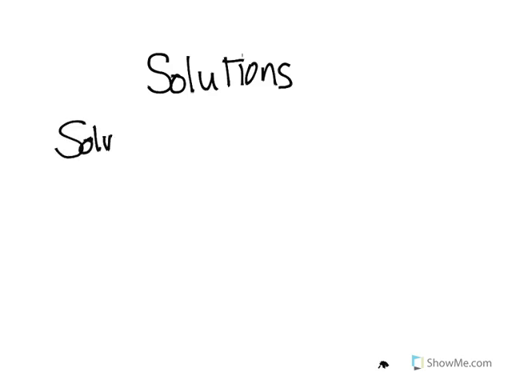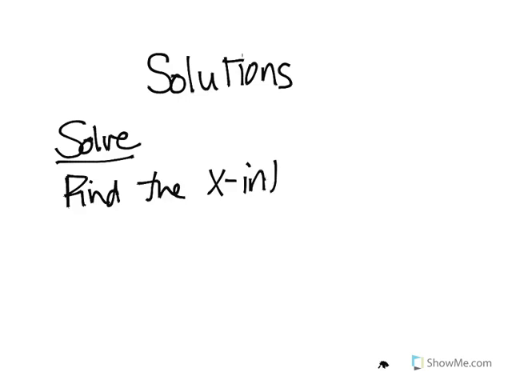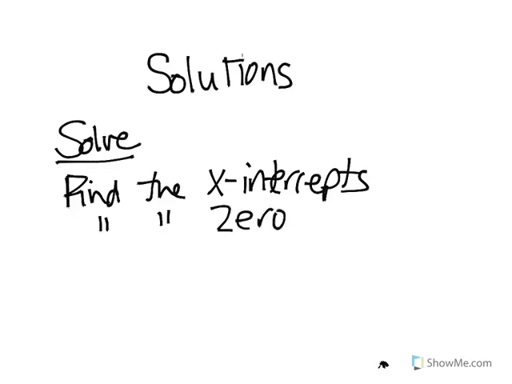Okay, one more time. What do we call solutions? Sometimes it'll say on the question, solve the quadratic. It'll say find the x-intercepts. It'll say find the zeros. Find the roots.